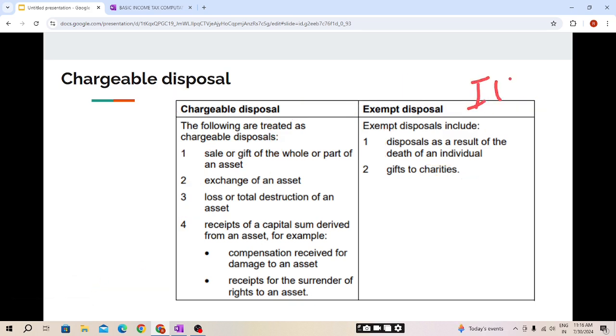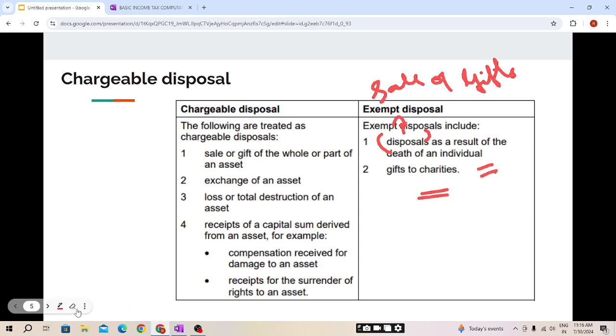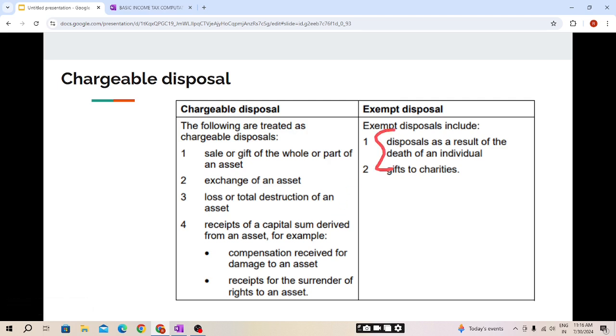The exempt disposals are gifts to charities and transfer of assets on death, that is, a disposal as a result of death of an individual. Disposal means either sale or gift. I hope this is clear, students.